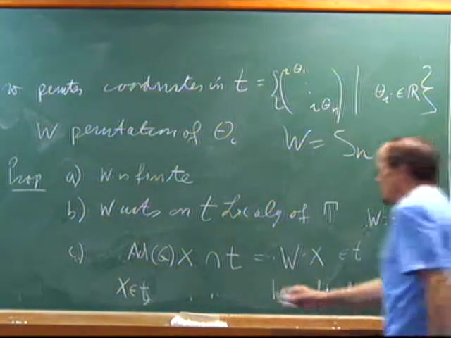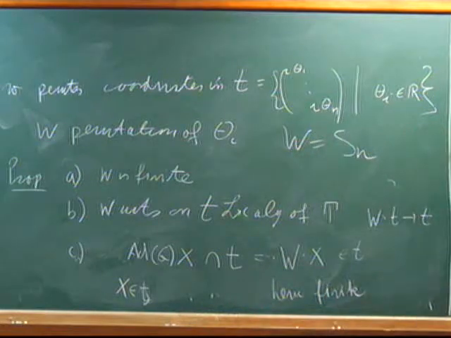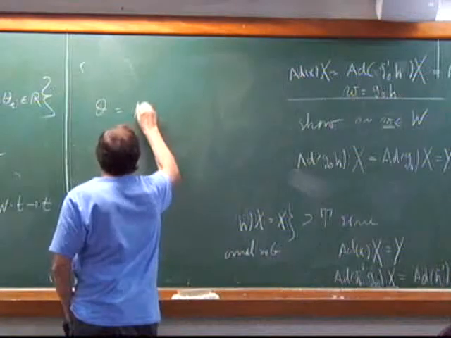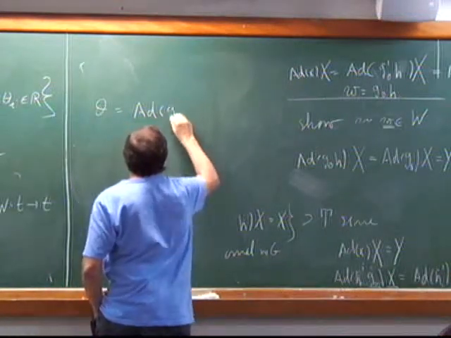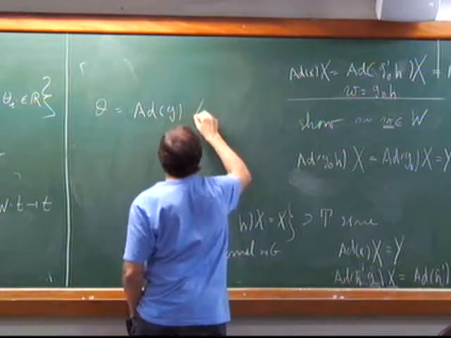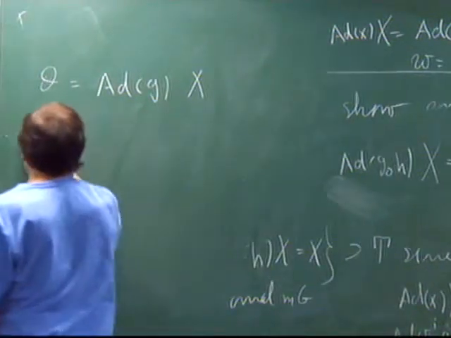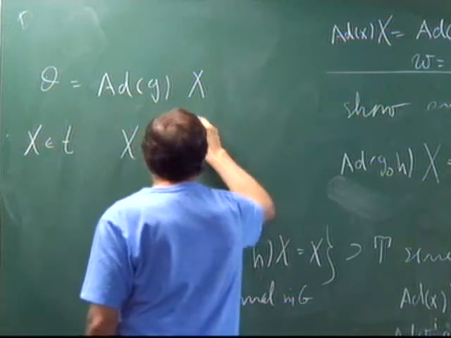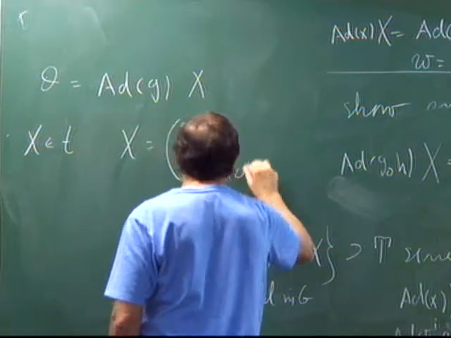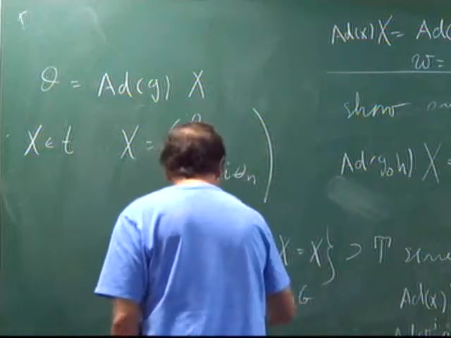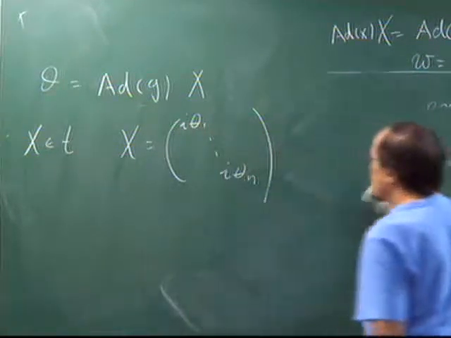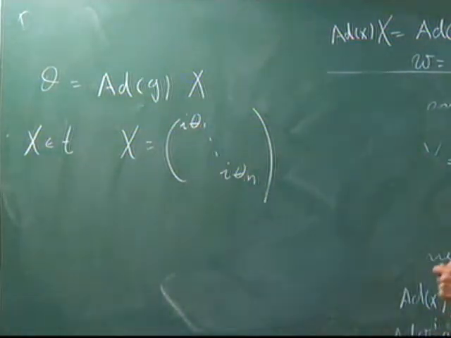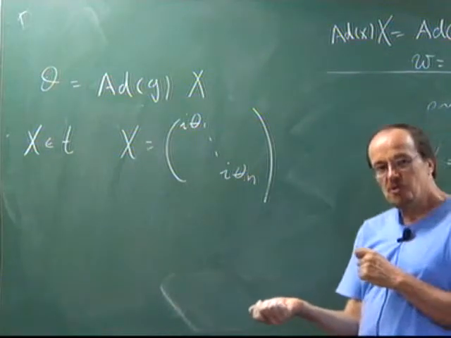Look at the adjoint orbit. Now I can understand the adjoint orbits inside the unitary group, what they all look like, of some vector x in the Lie algebra. So x has this form, (iθ_1, ..., iθ_n). Remember I said the adjoint orbit intersects the torus in a Weyl group orbit.